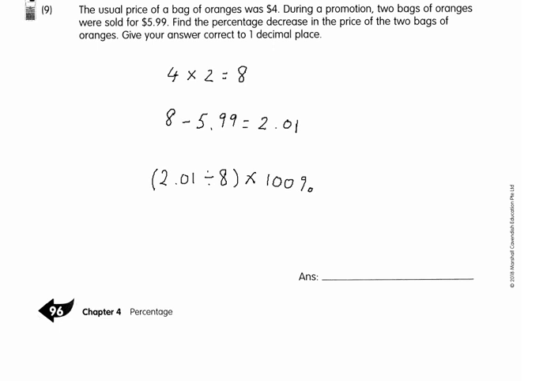Yes? Because normally we'll just write 2.01 divided by 8 times 100%, right? Because in this case, we cannot put a decimal inside a fraction, right? That's why I wrote in this case 2.01 divided by 8, the whole thing times 100%. Understand or not?